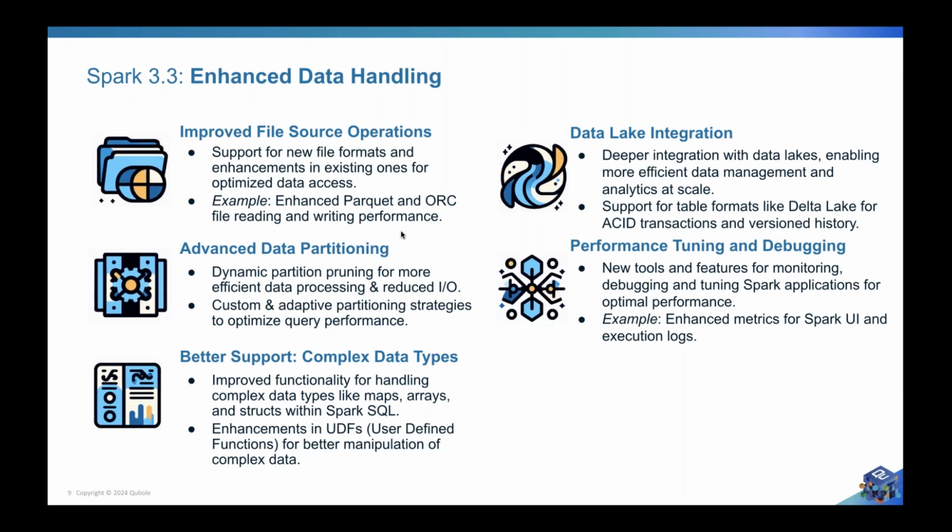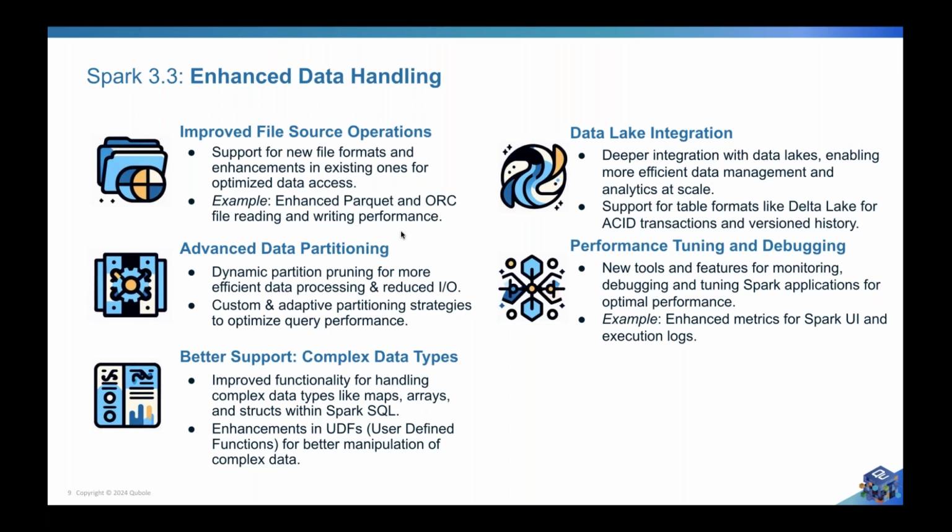There are a lot of enhancements on those, but on top of that, there is enhanced Parquet or ORC file reading and writing performance, which has been added to Spark 3.3. We spoke about data partitioning in AQE, basically dynamic partition and tuning for more efficient data processing and reduced I/O, and custom and adaptive partitioning strategies to optimize query performance.